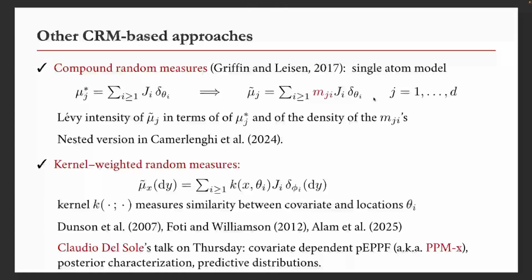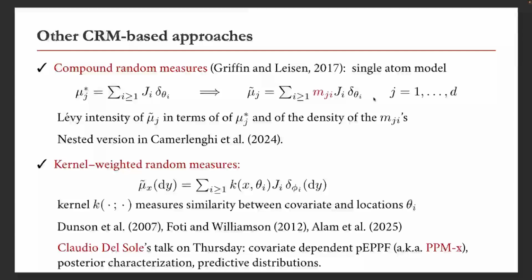And finally, other completely random measure-based approaches I want to recall. Well, there are the compound random measures, which I find an ingenious way of constructing dependence, but Jim has already said a lot about this. Recently, there has been an extension in this paper by Lang et al.